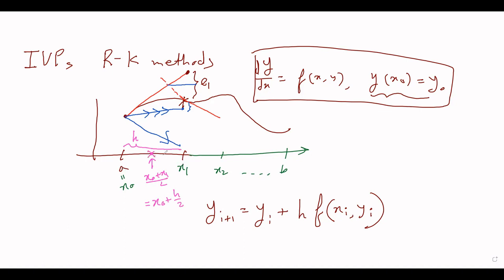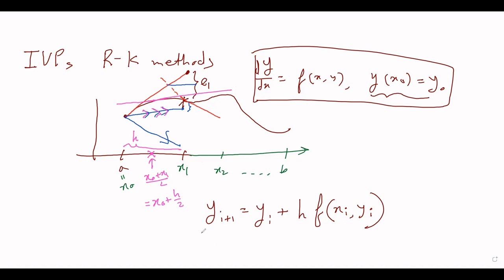This midpoint is x0 plus half of it. So what we are going to do is draw a tangent at this midpoint. And we will move along this pink tangent line, which has almost the same slope as the arrowed blue line, right? So in a way, this gives a better result than the typical Euler method.